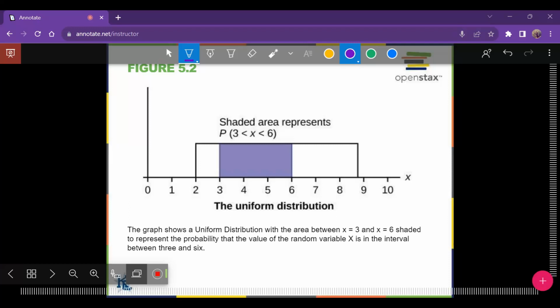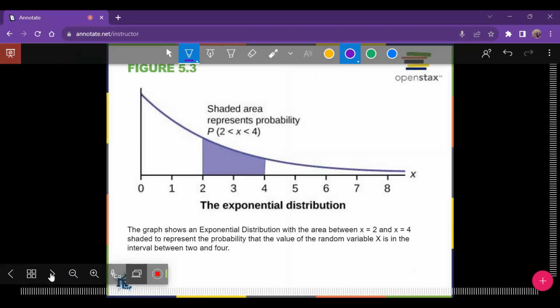And to find the area of the shaded region, which would be the probability that 3 is less than x, which is less than 6, we would just take our length times our probability. So your length is 3, and then you would multiply by the probability, a single probability that we can multiply by. So this is uniform distribution.